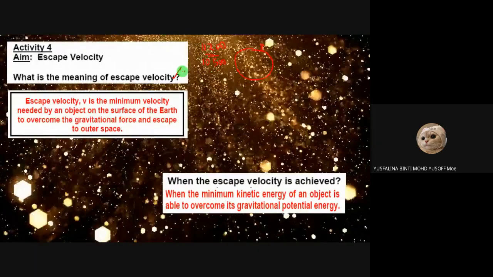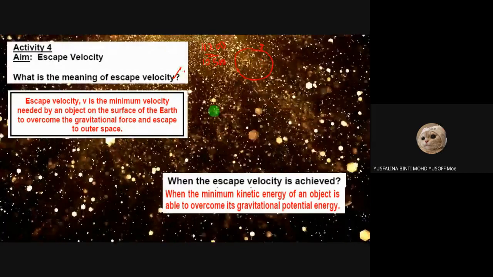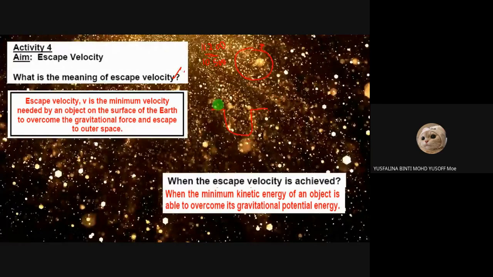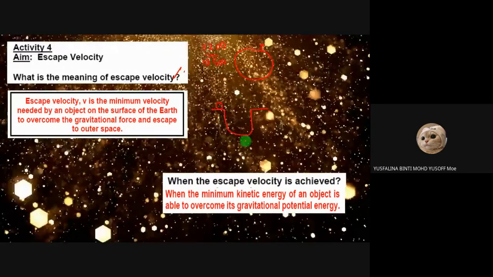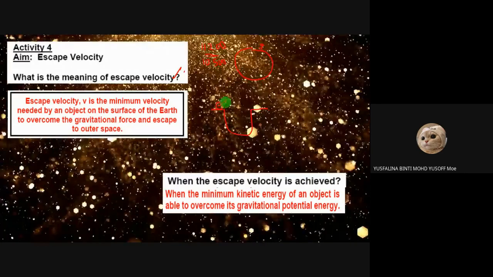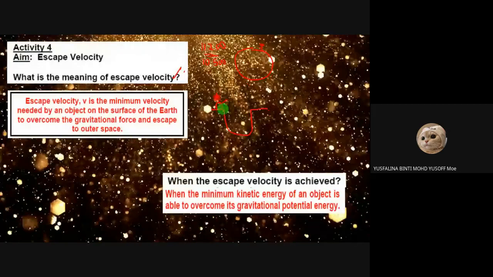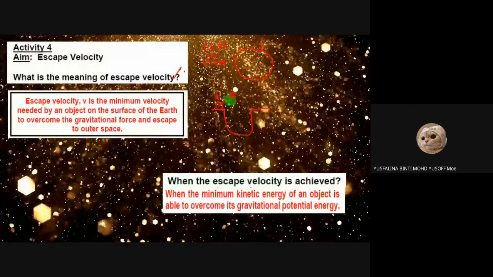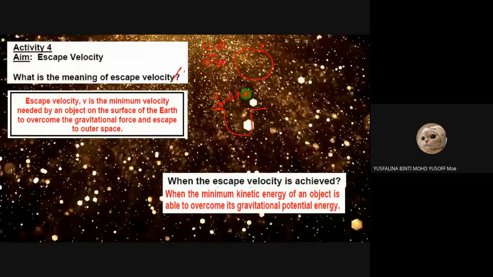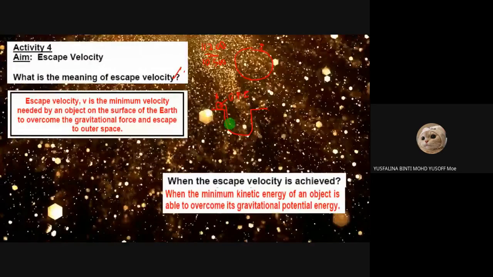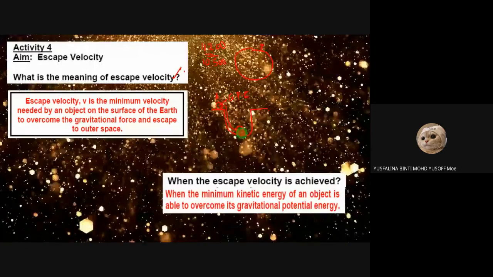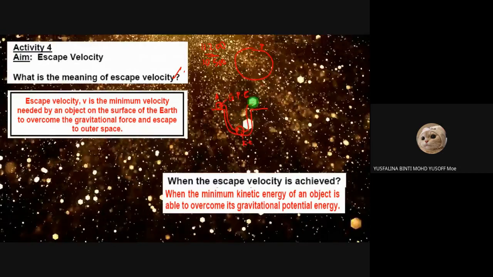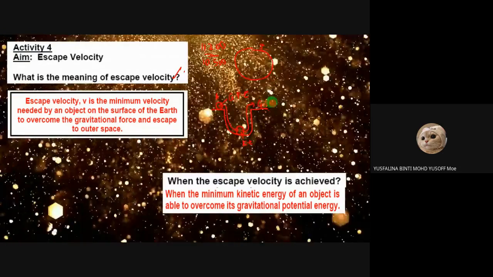I give you an example. Let's say this is the surface and this is the ball. At position A, it has gravitational potential energy. When it comes down, it changes to kinetic energy, and when it goes up again, it changes back to gravitational potential energy.